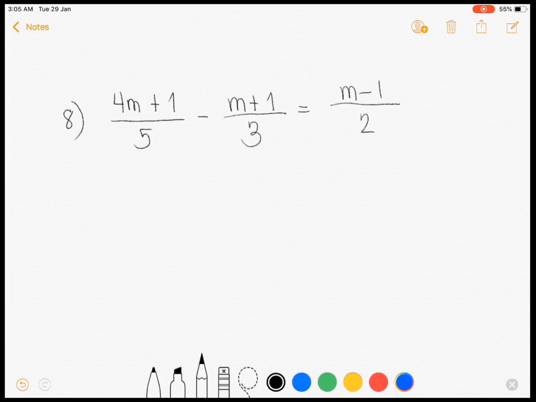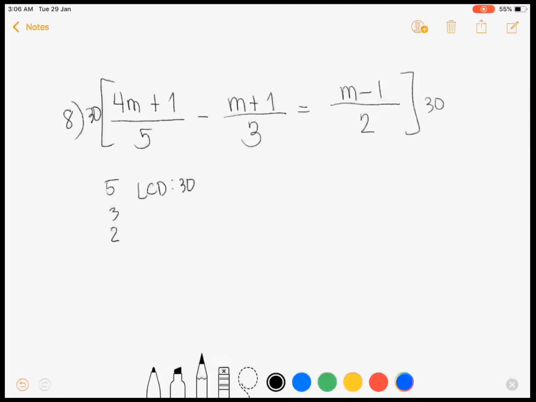So since meron tayong denominators na 5, 3, tsaka 2, ang LCD nila ay 30, right? So therefore, the LCD is 30. So we can multiply both sides of the equation by 30 para ma-eliminate yung mga denominators.